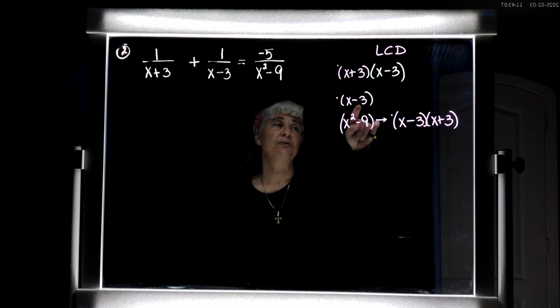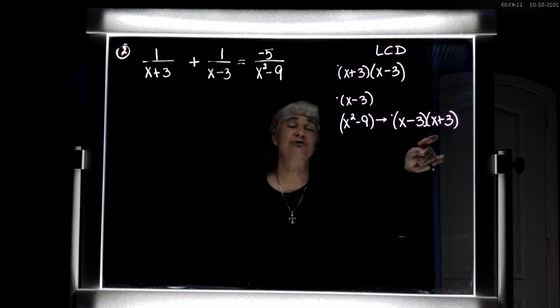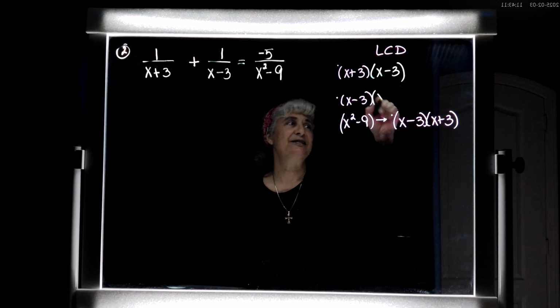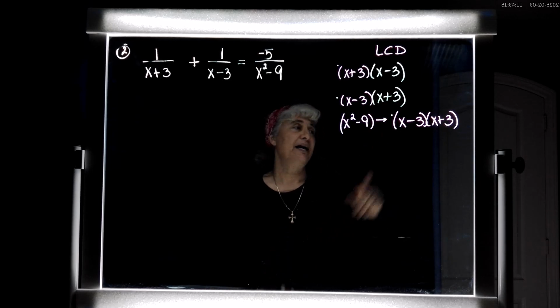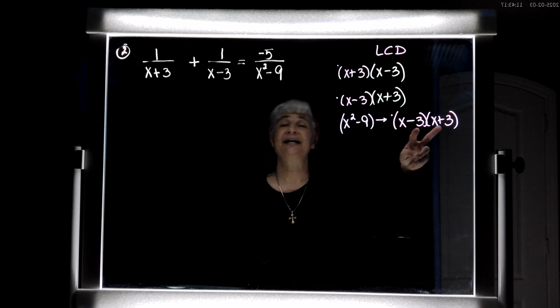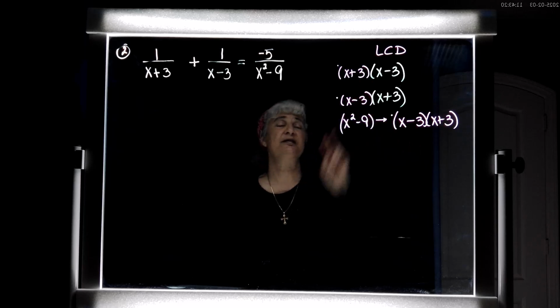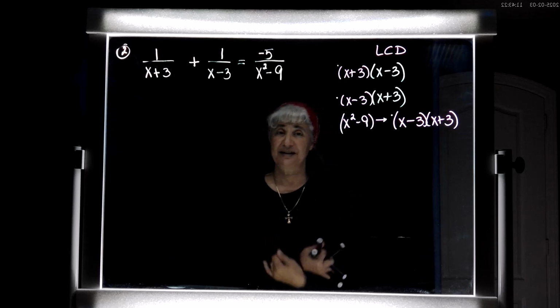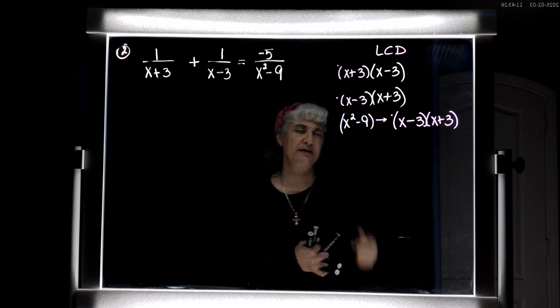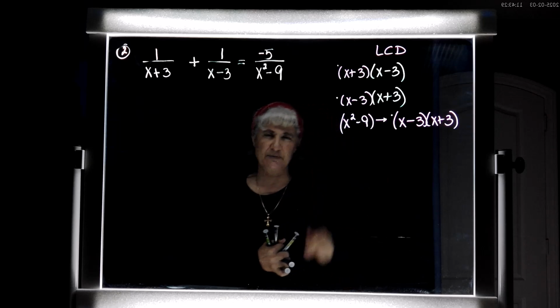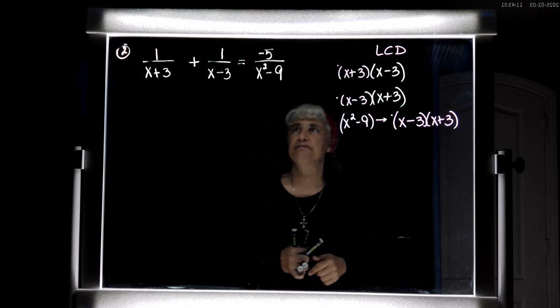Denominator number 2, what is it missing to look like the other two? Again, it is missing the parenthesis, but in this case of x plus 3. And denominator number 3, hey, it's good. It's got both of these parentheses in it. Does that make sense? Lining it up in this fashion going down might be easier for some of you to actually see what's missing. So something to consider.